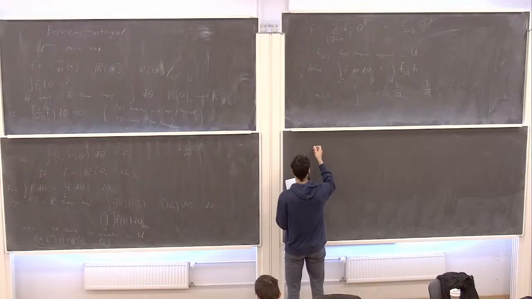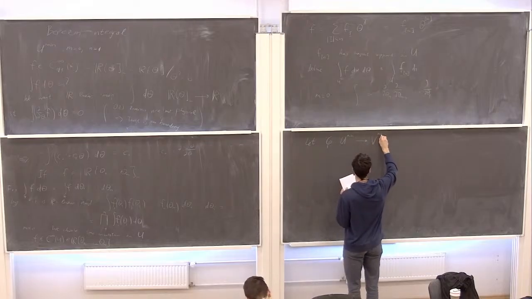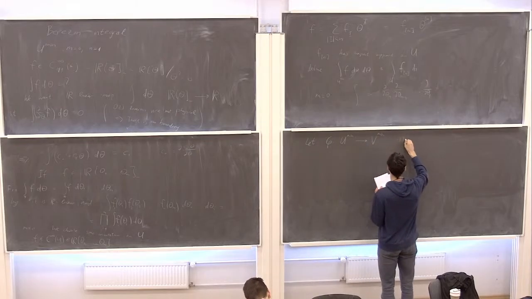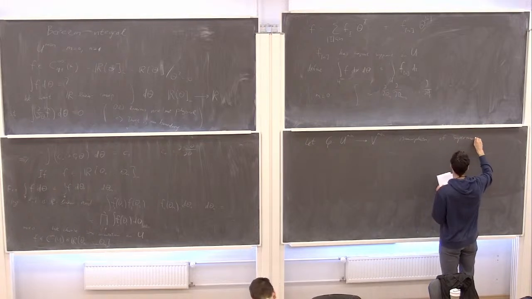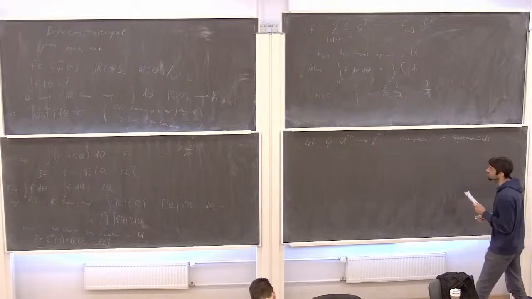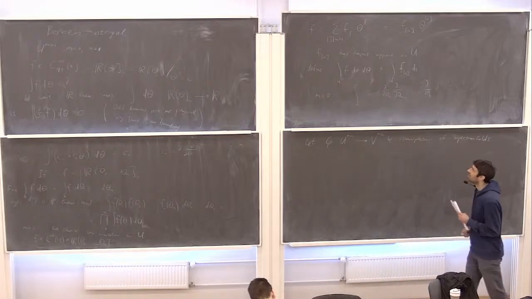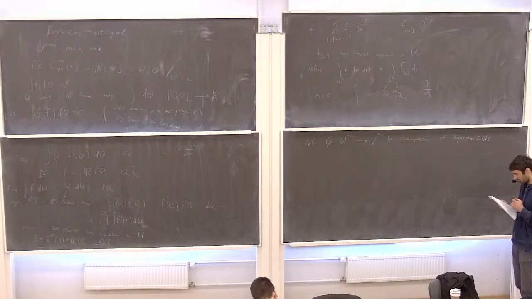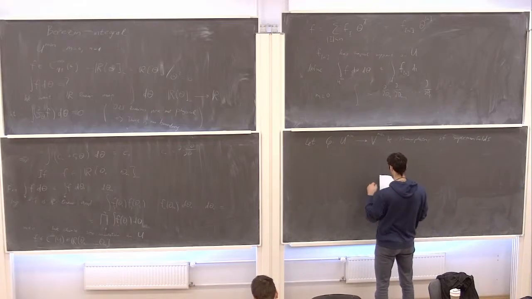Suppose that I have an isomorphism of superdomains. Let phi be from U^{m|n} to V^{m|n}. It's an isomorphism of supermanifolds. Then let me choose some super coordinates here and here.